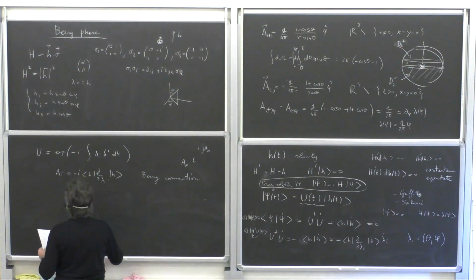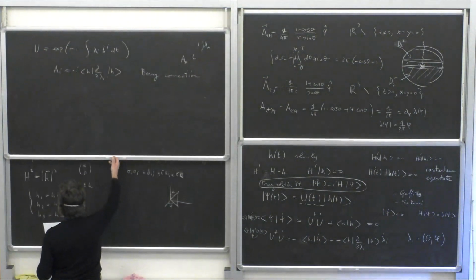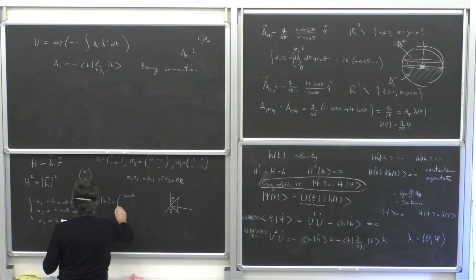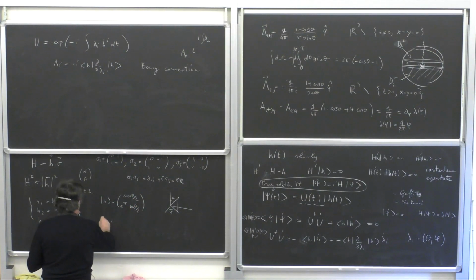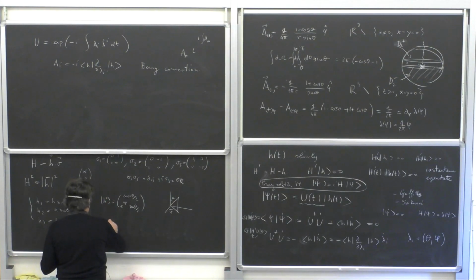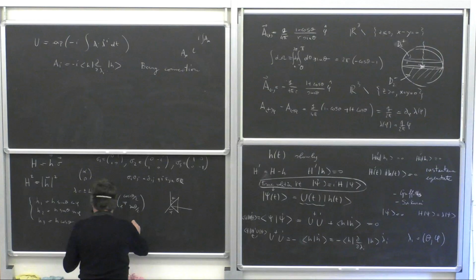Okay, I cancel. The general solution was h cos theta/2, e to the i phi sin theta/2, and h prime, let me call them h plus and h minus, e to the minus i phi.